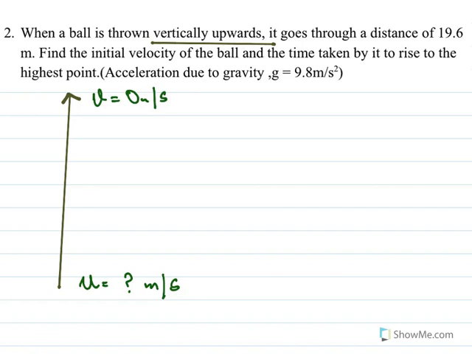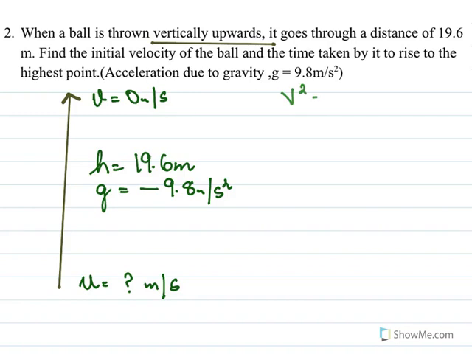And it moves through a distance of 19.6. Here the distance is given as 19.6, that means the height is 19.6 meter. Now the G here, it's moving upwards, there's retardation, so it will be minus 9.8 meter per second square. So we'll use the equation V square equal to U square plus 2AS.